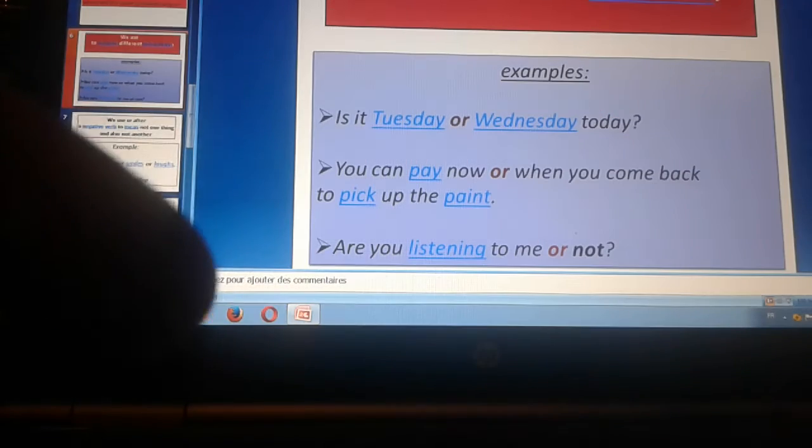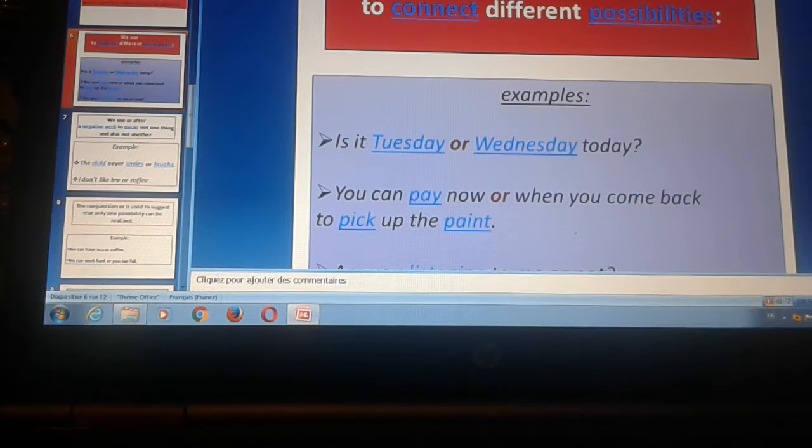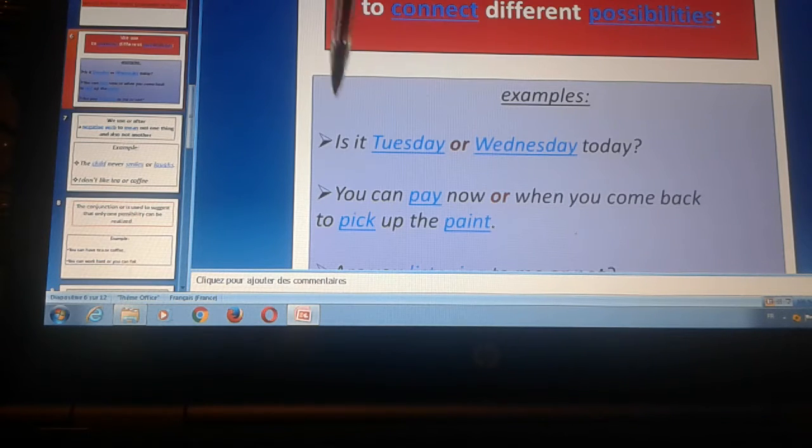We use or to connect different possibilities. I'm going to give you examples like this one. Is it Tuesday or Wednesday today? This is a question. So here we connect different possibilities.